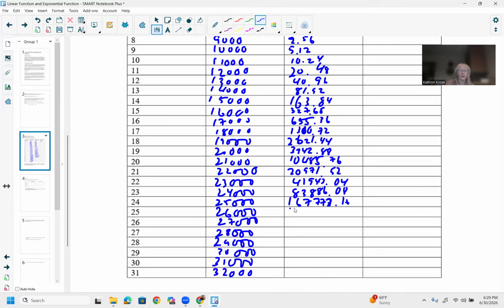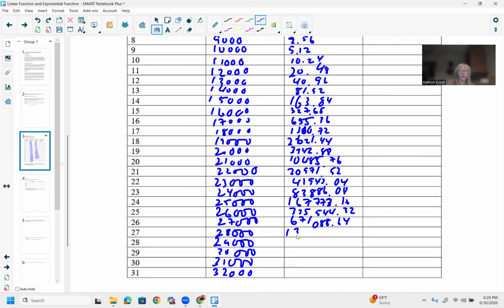We're going to double it again. We get $335,544.32. Double that again. We're going to be at $671,088.64. Double it again.